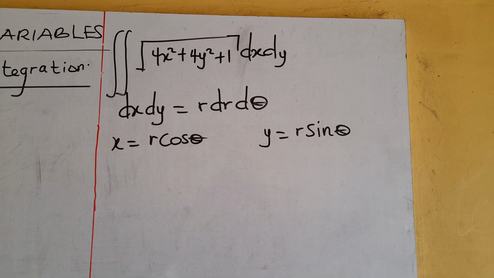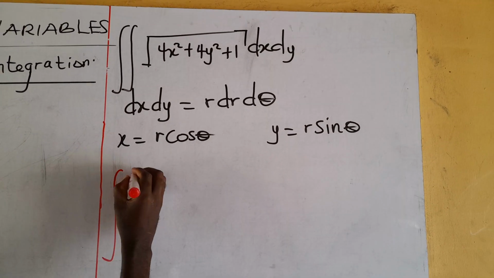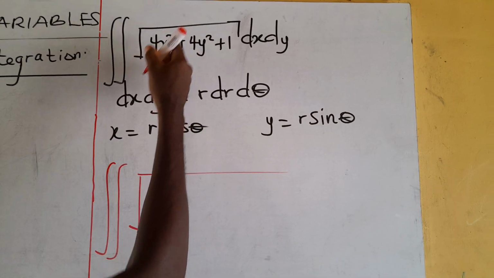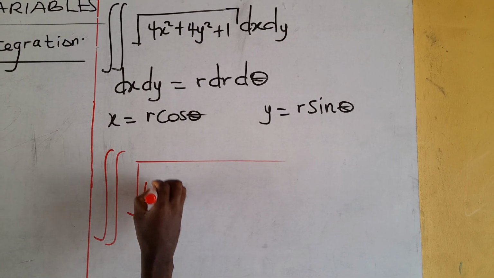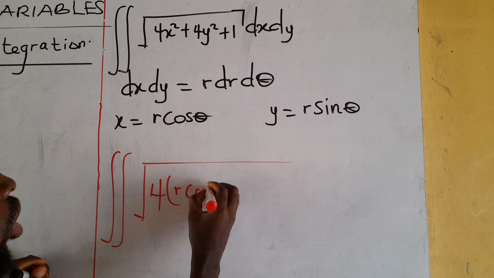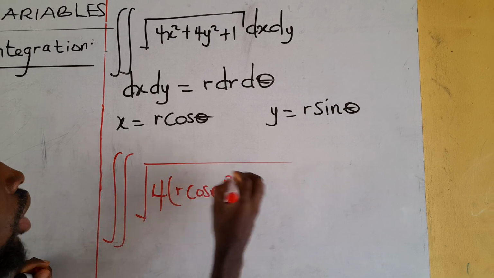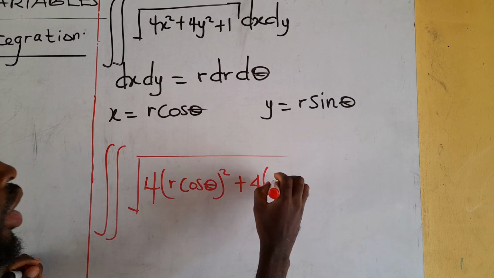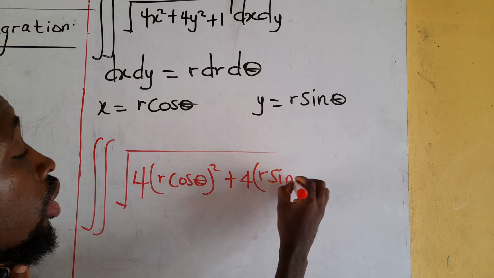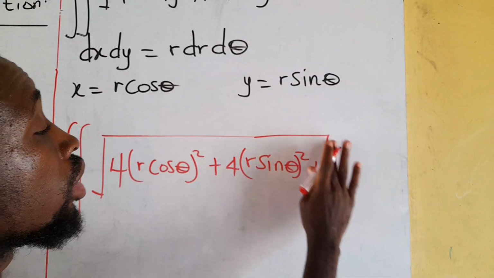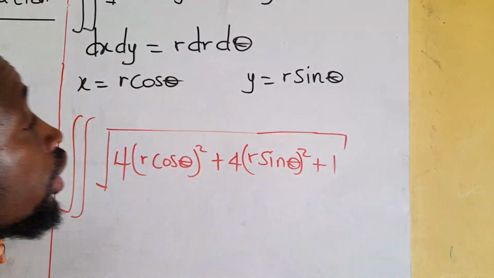So now let's substitute. So we have double integral the square root of 4x squared. So we have 4 bracket x now is r cos theta. So r cos theta square, then plus 4, our y is r sin theta square plus 1. Remember the square root affects the 1.